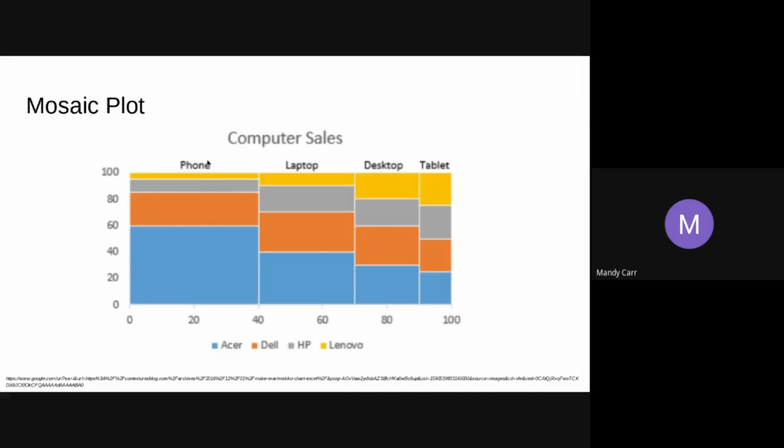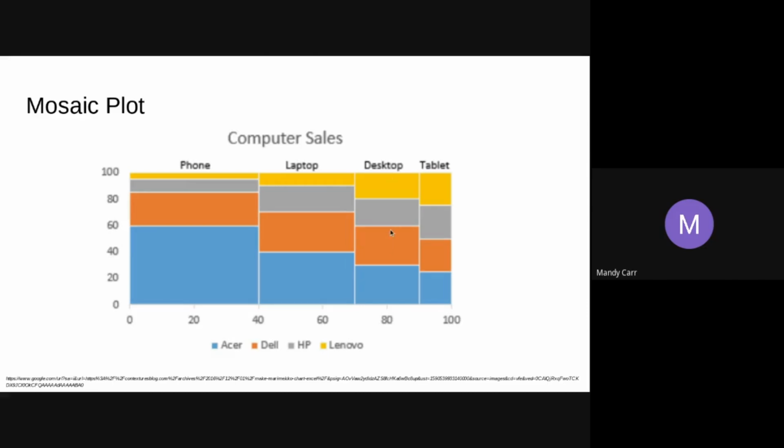So of the phones, the most phones that were sold were of the Acer brand, because you see this color in that bar is the tallest. And then on phones, the brand that sold the least is the Lenovo, because you see that's the smallest part of that column. And so let's see here.